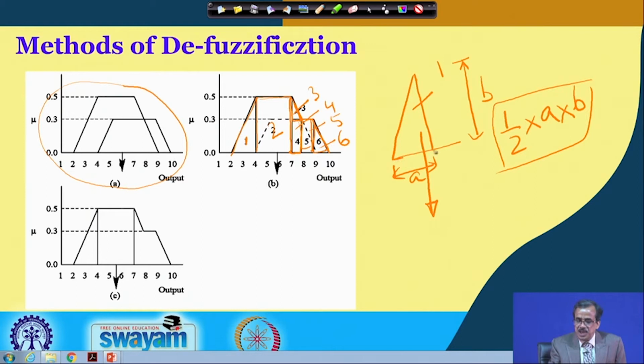Now, if the total dimension is A, and I measure from here, this would be 1/3, 2/3. So, this will be 2/3.